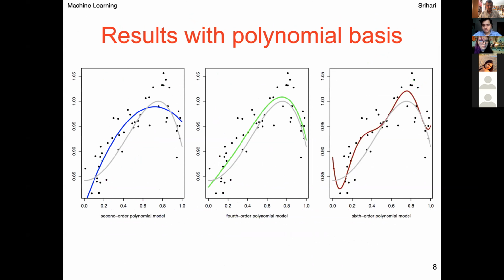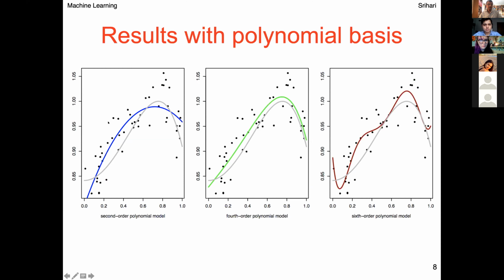And so this shows a second order polynomial model, fourth order polynomial, sixth order polynomial for some data set we had seen earlier. We have the true curve, this blue line here.